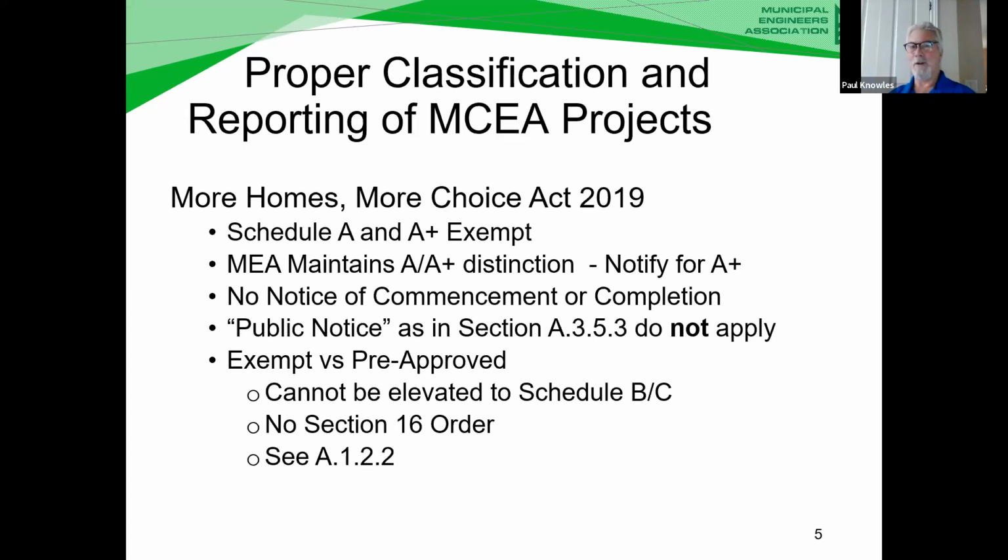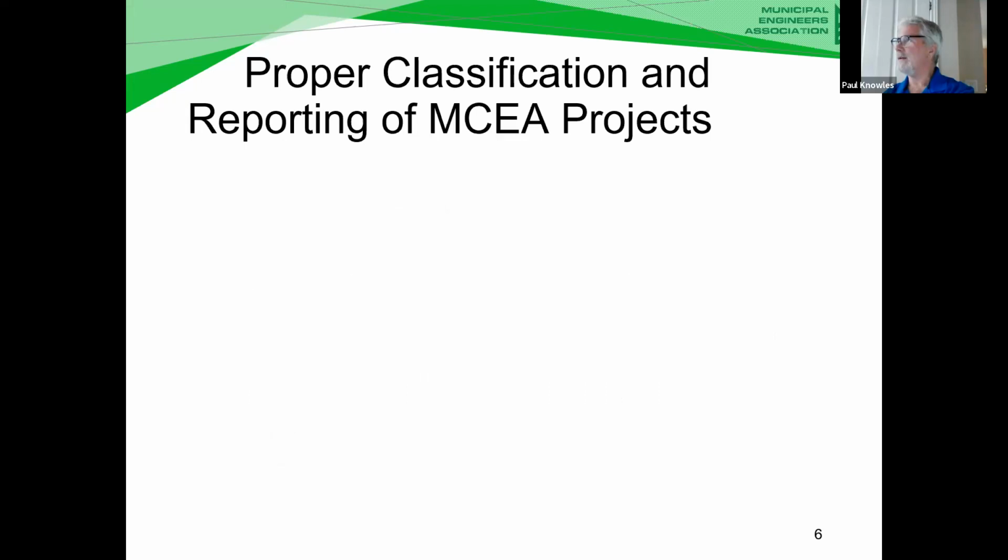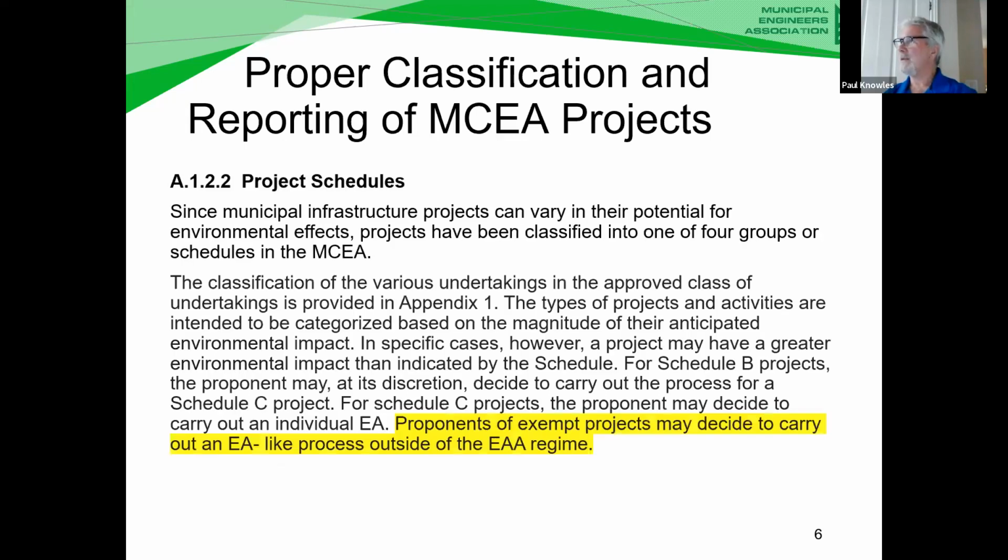And then when the amendment happened this past March, if you look at section 8.1.2.2, the ministry changed the words in here, and you can see at the bottom it talks about for Schedule B projects, the proponent may have discretion to decide to carry out a Schedule C project.